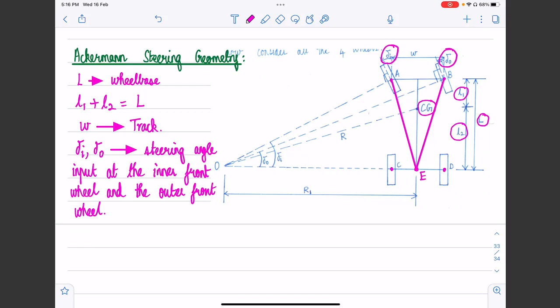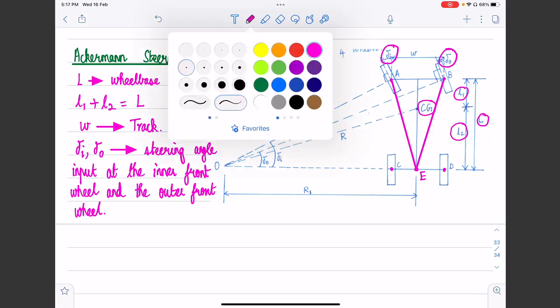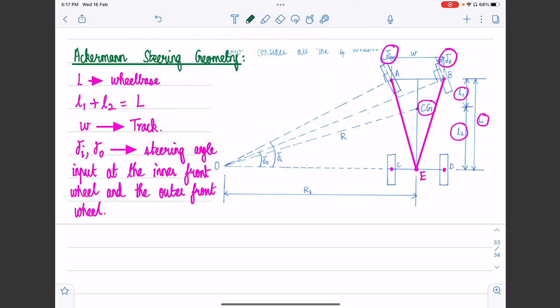So that is the primary idea. We design the steering mechanism such that when the links of the steering mechanism are projected, when the vehicle is in the centered position, the extensions of those links will meet at the center of the rear axle. That is the basic idea.